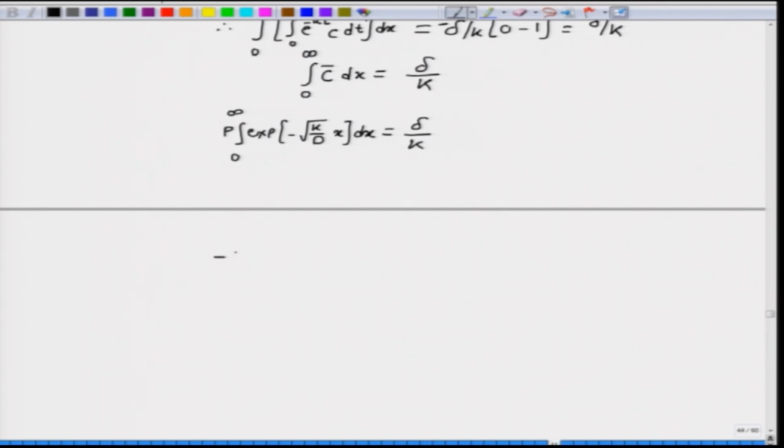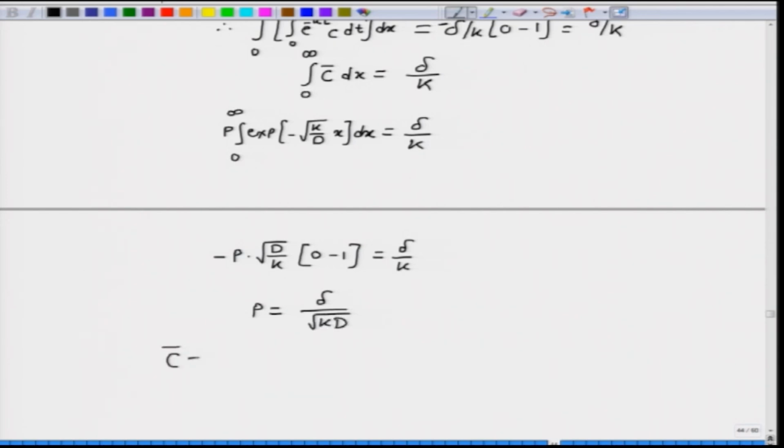So, this should be minus p times root d by k, and exponential at infinity is 0, exponential at 0 is 1, and so we get the value of p as delta by root k d.